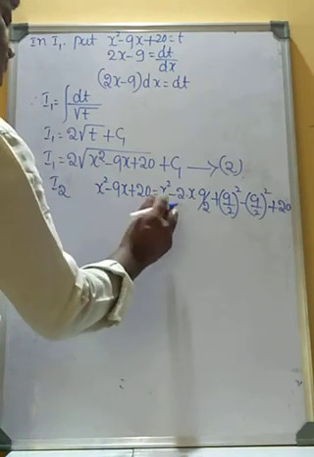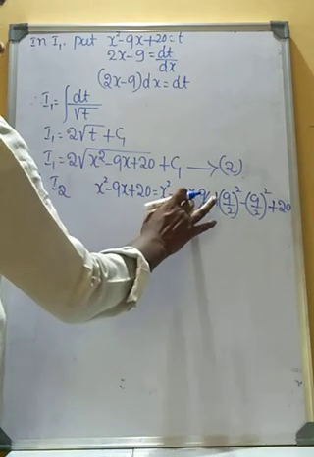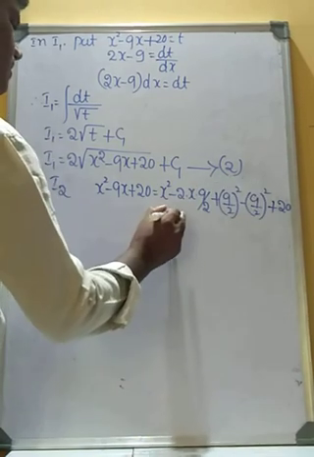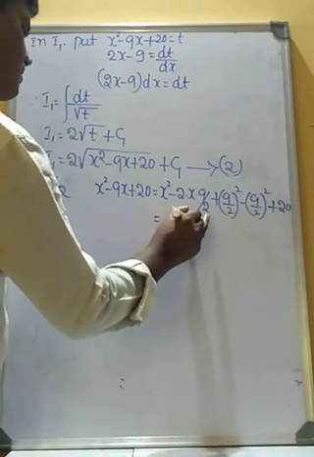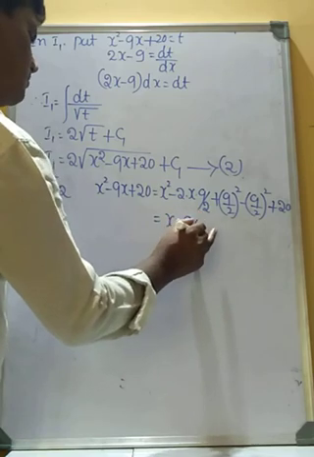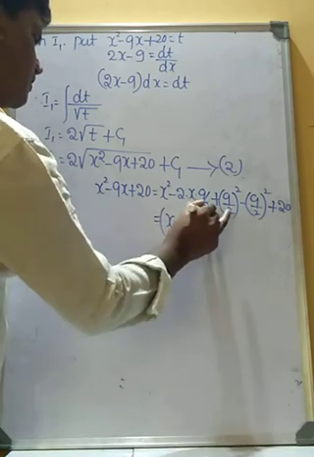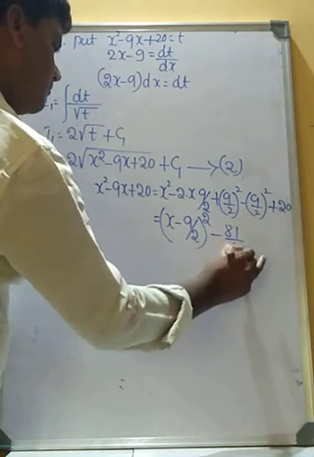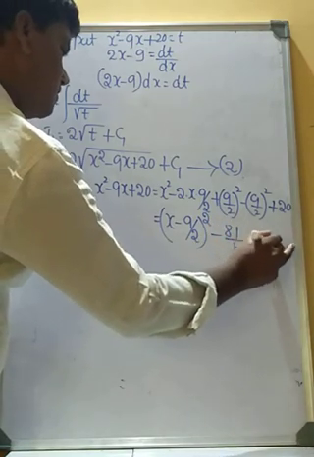This equals x minus 9 by 2 whole square minus 81 divided by 4 plus 20.